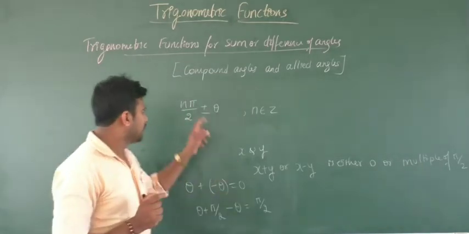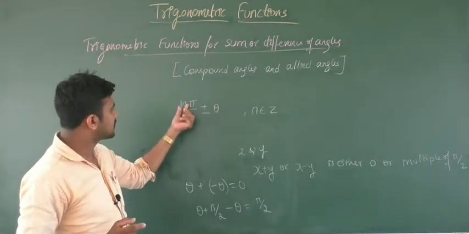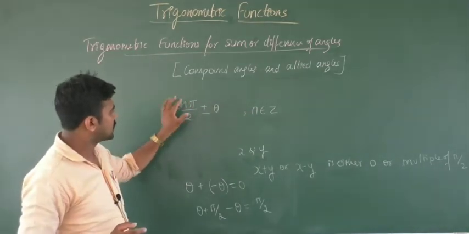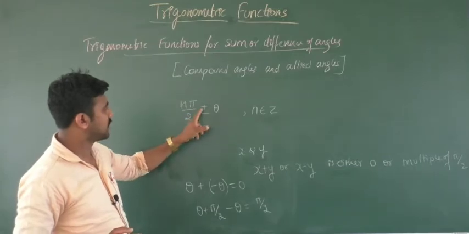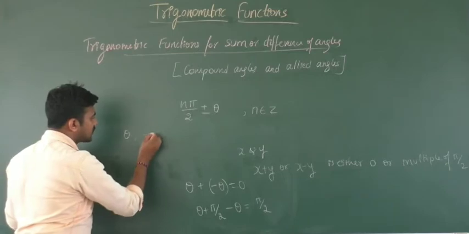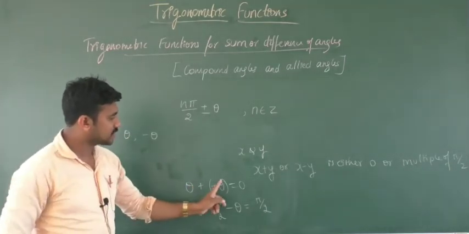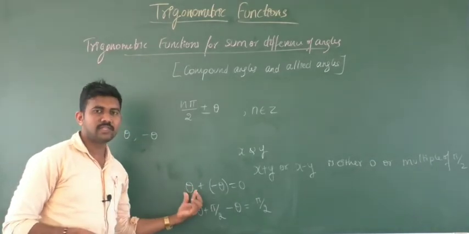So here, if you substitute the value for n, as n is an integer, if you substitute n is 0, what will we get? The first term vanishes, we will get plus or minus theta. Here theta is allied to minus theta, or minus theta is allied to plus theta.